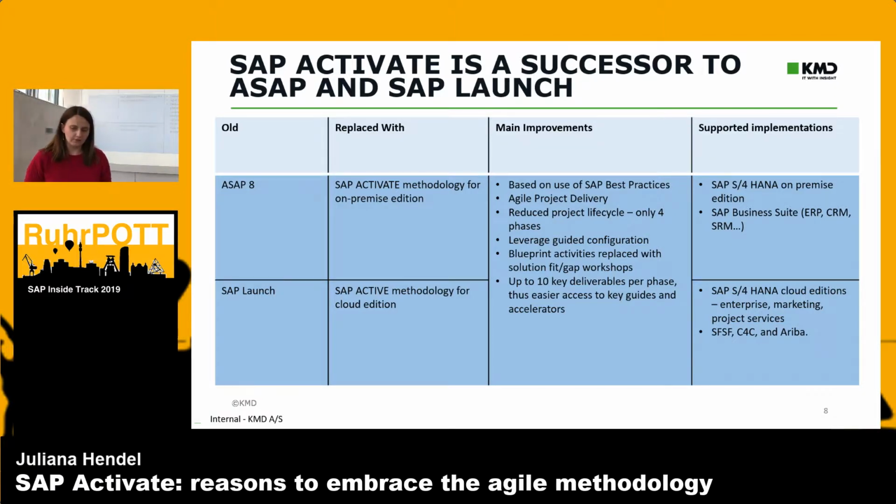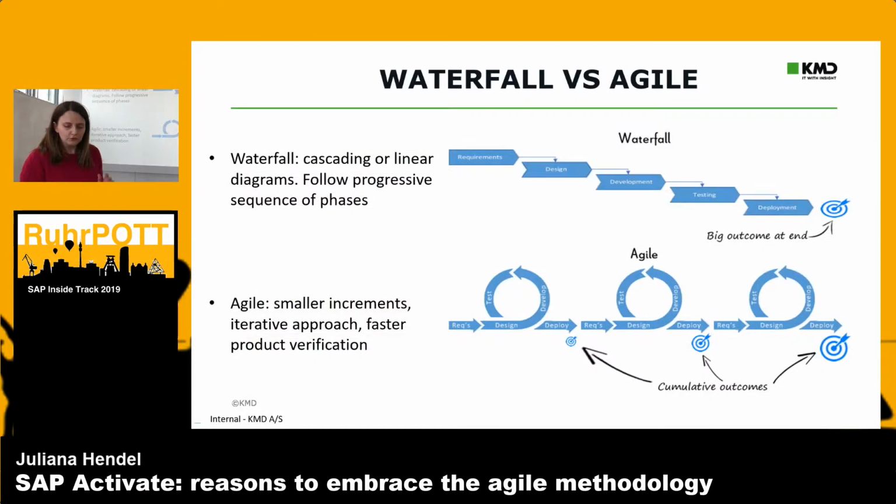We also have this methodology not only for S/4HANA implementations, but it also works with Ariba and SuccessFactors and other solutions as well. So you may have by now noticed that it has features of both waterfall and agile methodologies.